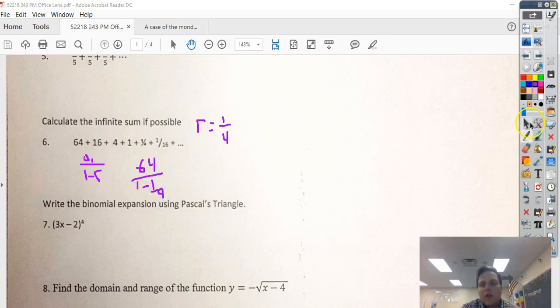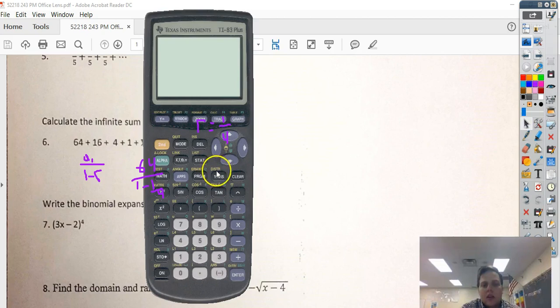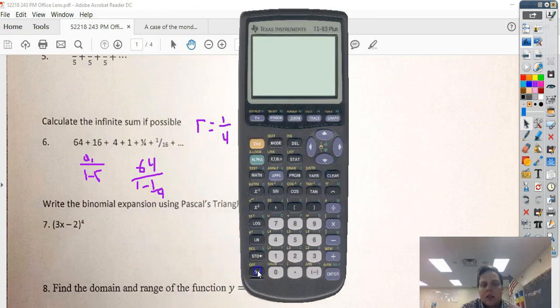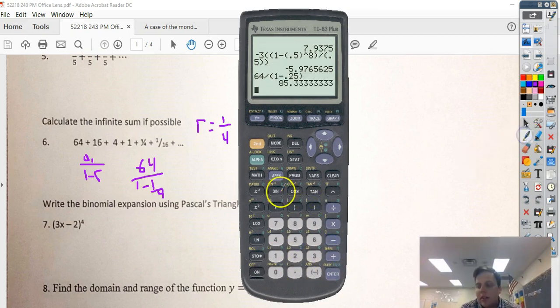And now we are ready to do this in the calculator. So we just simply say 64 divided by 1 minus 0.25, press enter, and we get 85.3 repeating, so I'm just going to put a little bar over it. 85.3 repeating.